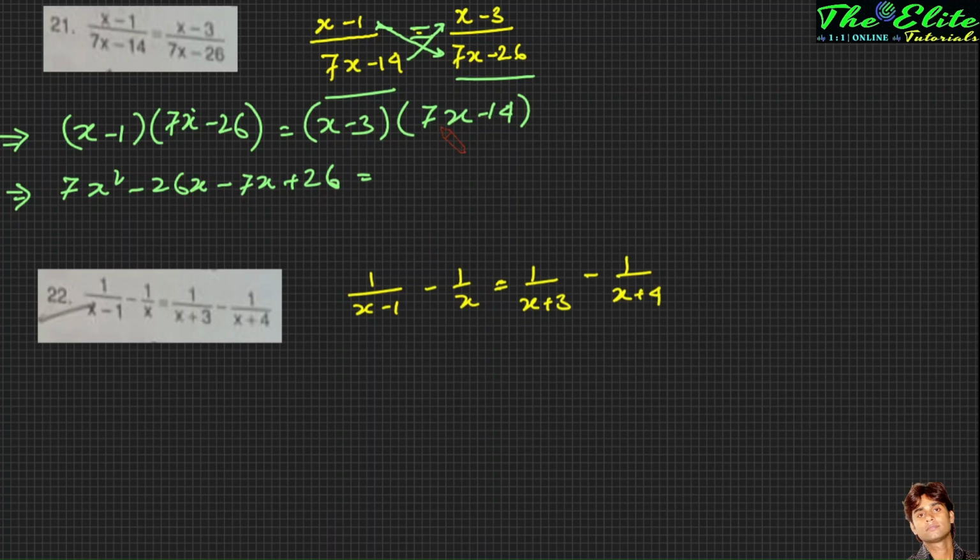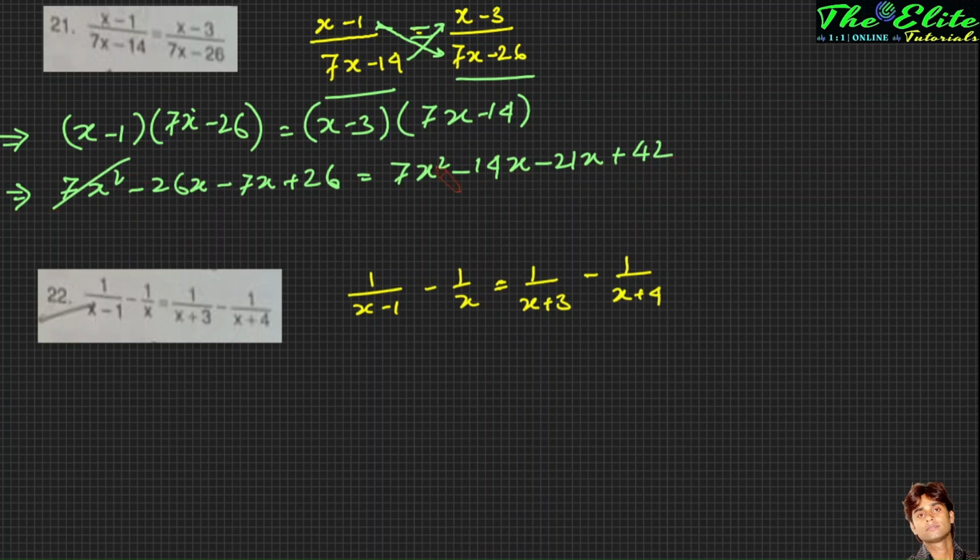Easy. When you expand the right side, what will happen? x and 7x will give you 7x square. x and minus 14 will give you minus 14x. Minus 3 and 7x will give you minus 21x, and minus 3 times minus 14 will give you plus 42.